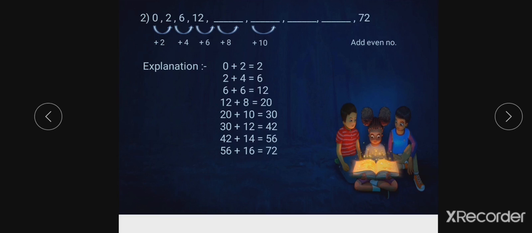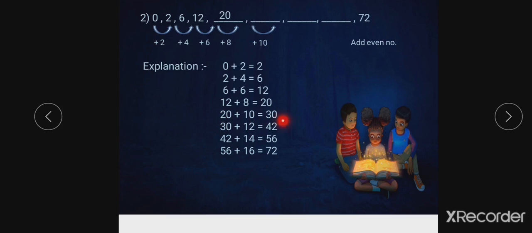So in this way we can see that we are adding a series of even numbers in a pattern. So it is very clear that after adding 6, in order to obtain the next number, we will add 8. So 12 plus 8, we get the answer 20. And to obtain the next number, we will add 10.